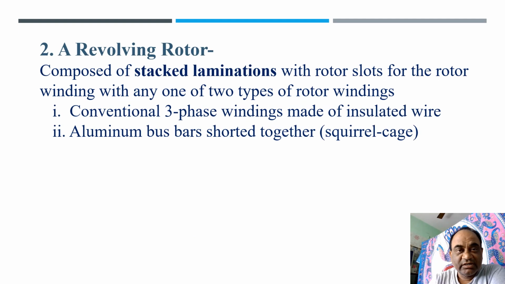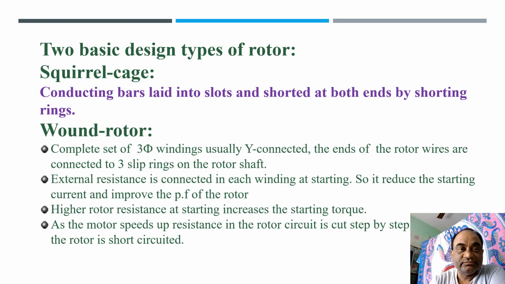Let's try to understand now. A revolving rotor is composed of stacked laminations. Like your stator core was laminated, your rotor core is also laminated, with rotor slots for the rotor winding, with any one of the two types of rotor winding: conventional three-phase winding made of insulated wire, or aluminum bars shorted together with the help of end rings.